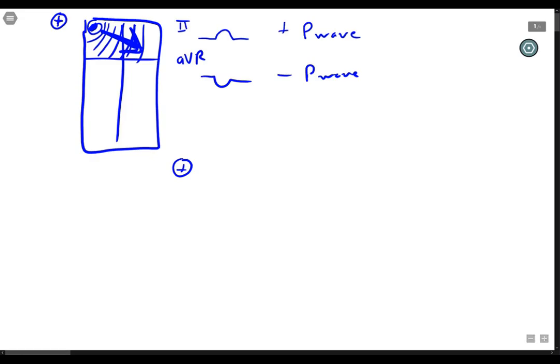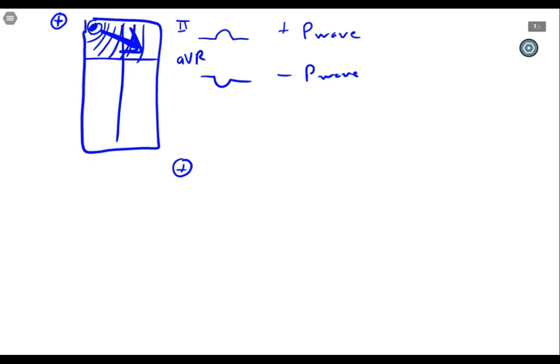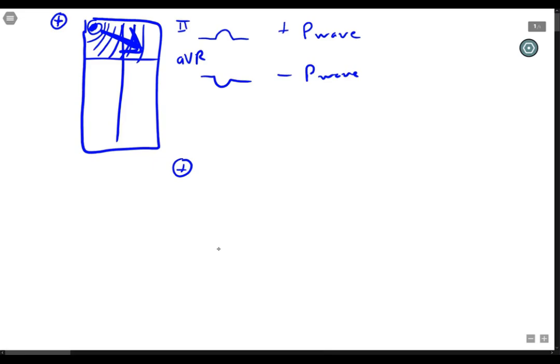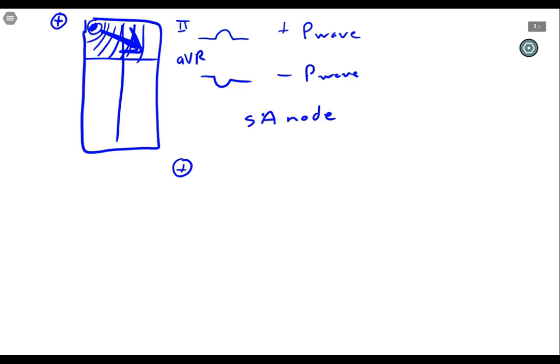Now, these criteria help you to identify that this atrial depolarization, the P wave, probably comes from the SA node. Because if it came from somewhere else, the P waves might not be positive in lead 2, they might not be negative in AVR.